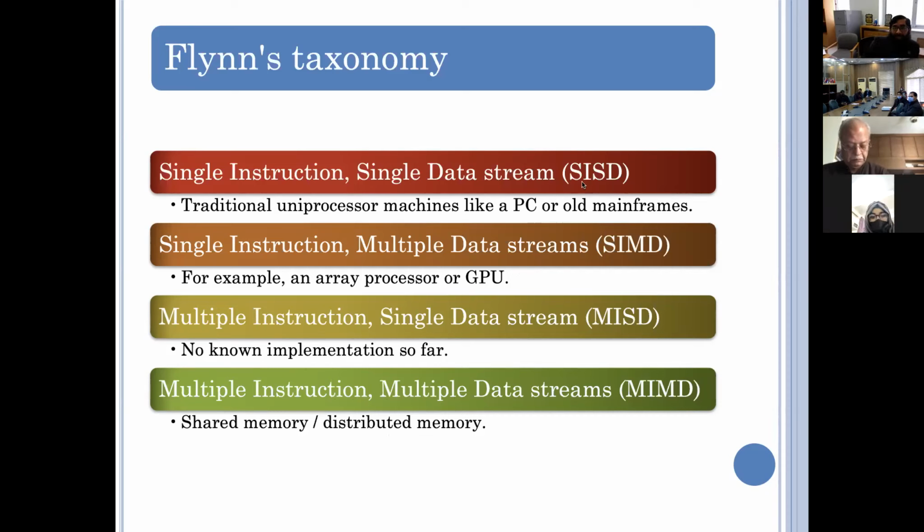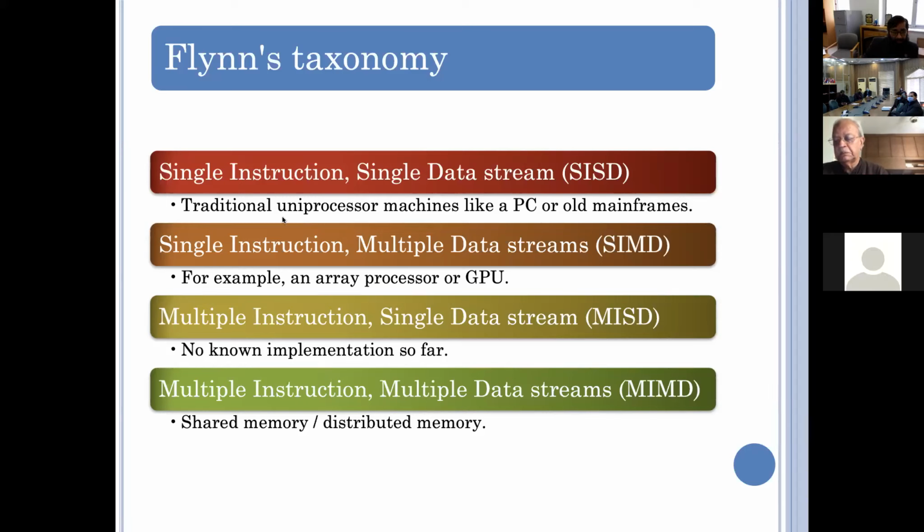So what is SISD? Our traditional computers like PC and old mainframe all belong to this SISD architecture. It doesn't mean that we don't have parallelism in SISD, but we can have parallelism in SISD by the introduction of IO processors and pipelining.